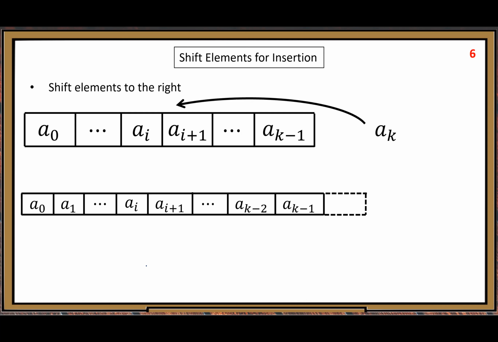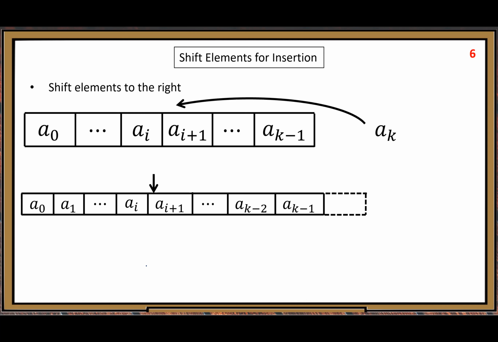We store a sub k in a temporary location. Then this location is empty, vacant, so we can make the shift.